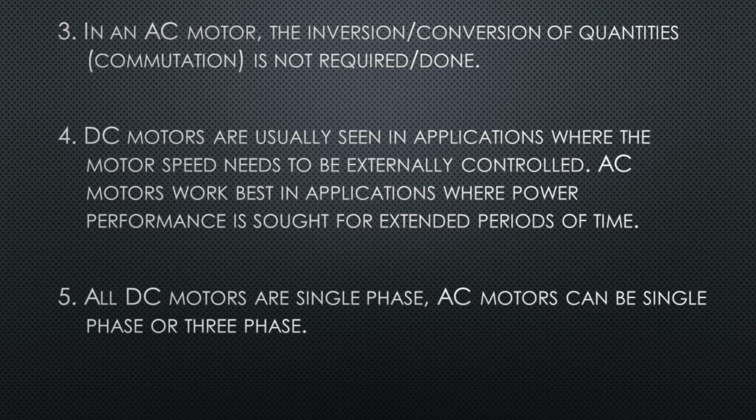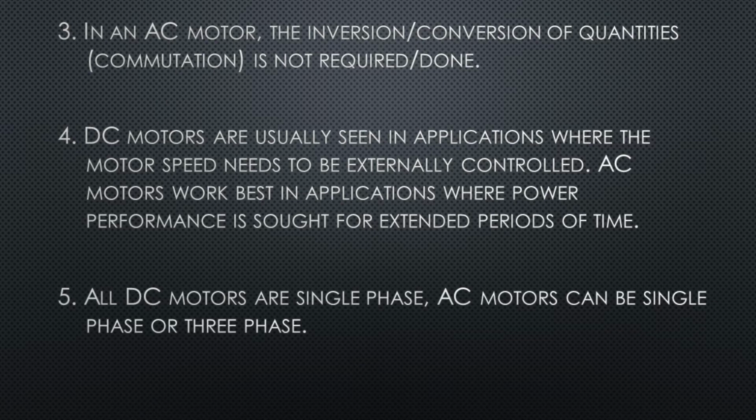The fourth point, DC motors are usually seen in applications where the motor speed needs to be externally controlled, while AC motors work best in applications where power performance is sought for extended periods of time.